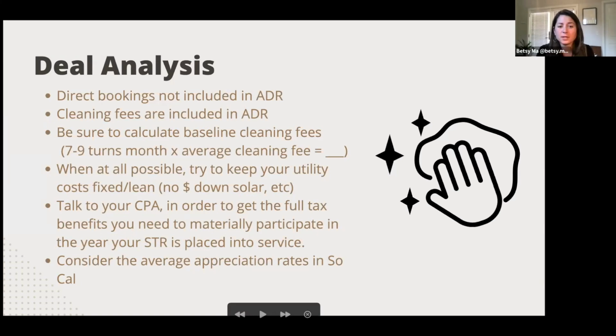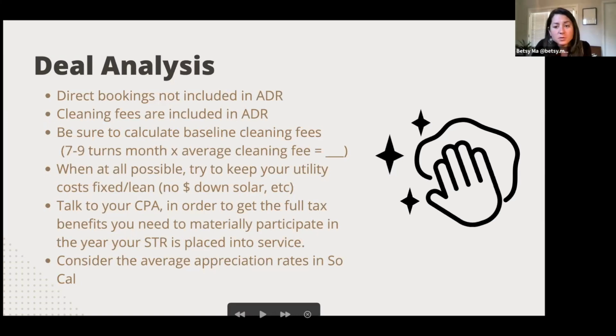If you are investing in a high appreciation rate market like Austin, like Southern California, like Charleston, you really want to take advantage of the appreciation, and talk with the local team that you have about what you can build into your projections based on the appreciation rates in that area.